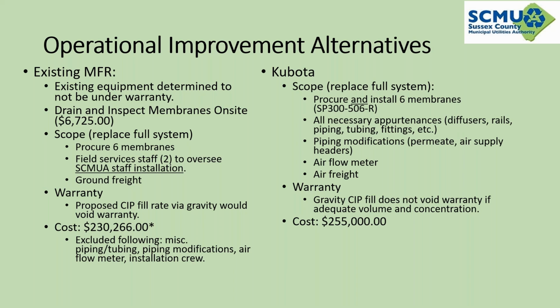Through discussions with Kubota, as long as we had the appropriate concentration and volume required for these CIPs, the gravity fill CIP was approvable to maintain that warranty. Really, as long as you got your 400 gallons or so with adequate pH and chlorine concentration, that's all you really need.